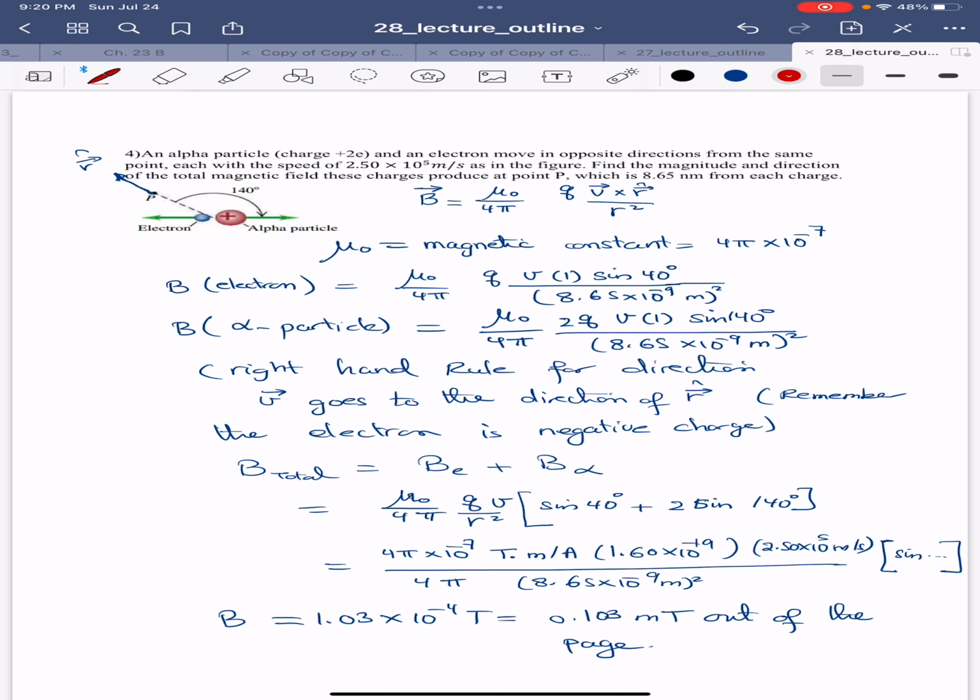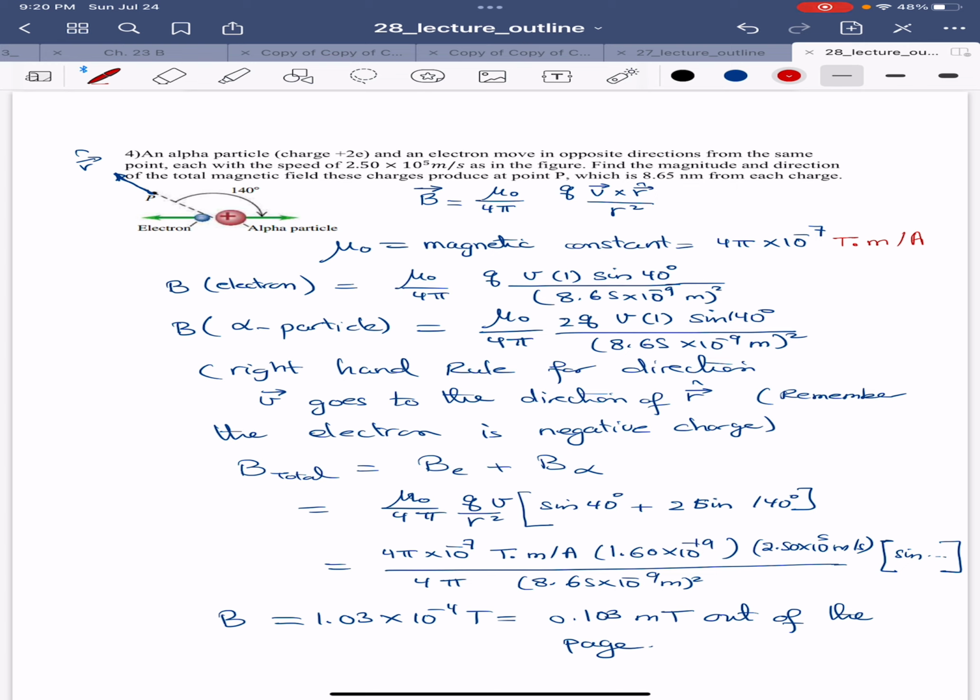Mu 0 is the magnetic constant, and it is 4 pi times 10 to the negative 7, with units of Tesla times meters divided by amperes. Now B for the electron is mu 0 over 4 pi q v times 1.